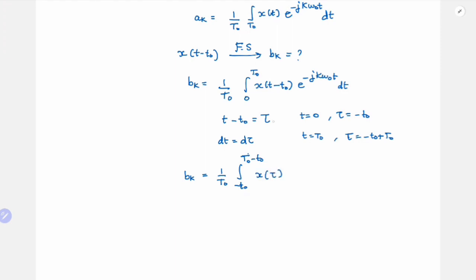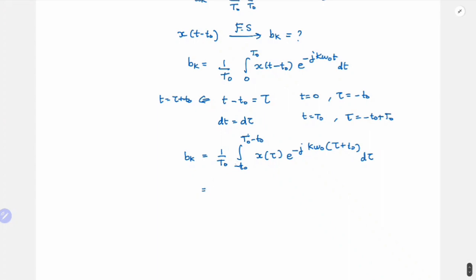So 1 by T0 integral over one period of x of tau e power minus jk omega naught t, where t is nothing but tau plus t0, so tau plus t0 d tau. This is x of tau e power minus jk omega naught tau e power minus jk omega naught t0 d tau.